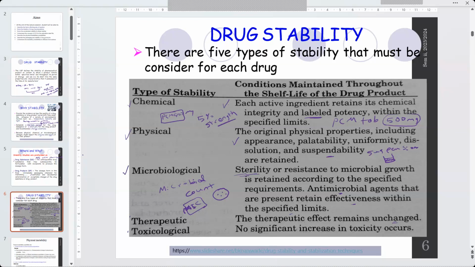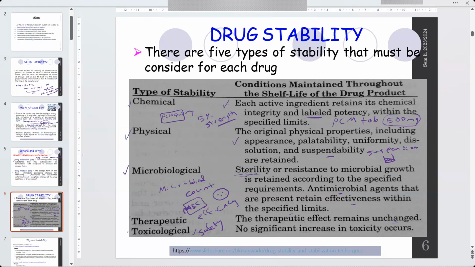When it comes to toxicological stability, therapeutic stability is about efficacy. When you talk about toxicological stability, this is about safety. I don't want significant degradation that will give a high amount of degradation products that may be toxic.